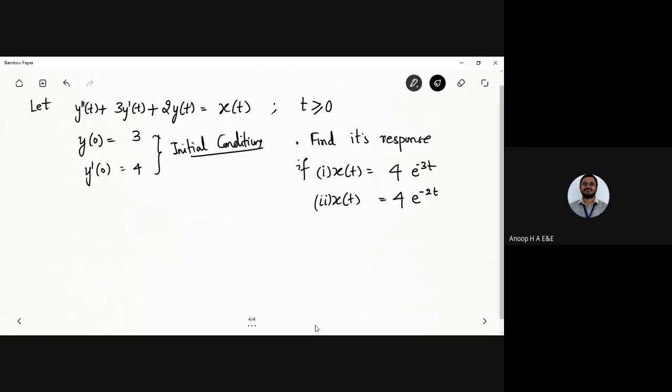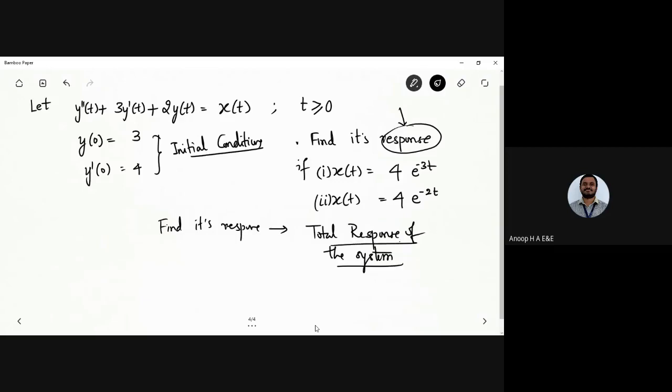Once I talk about the response, it is generally given as just response here. I don't know whether it is a natural response or forced response. In such a case, find its response means you have to calculate the total response of the system.